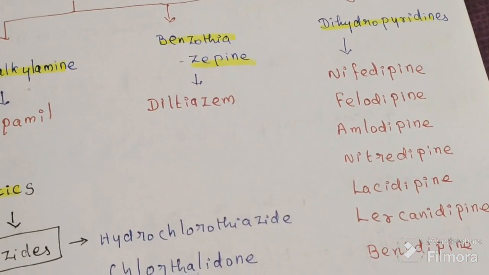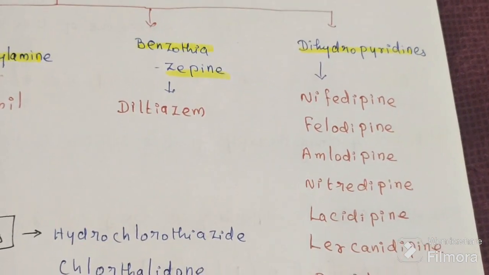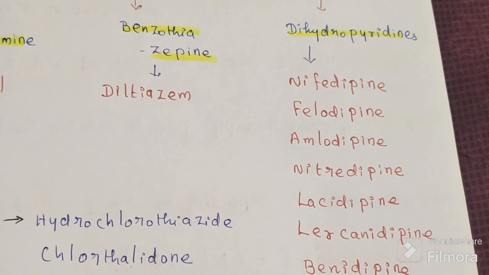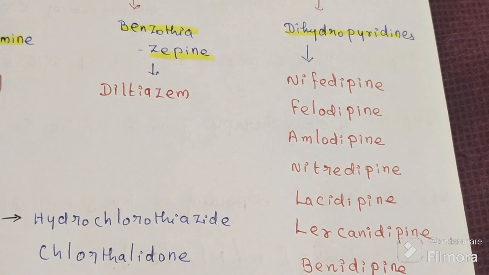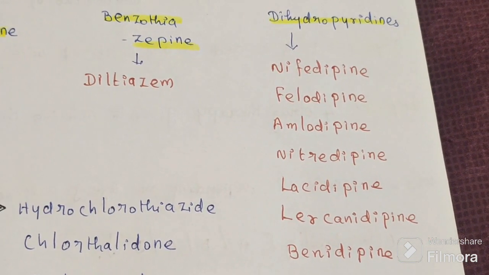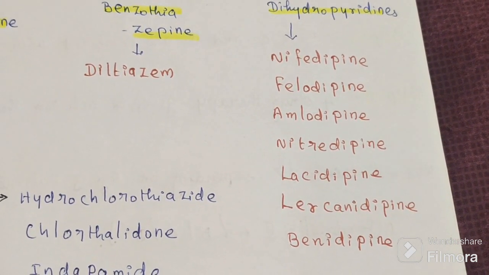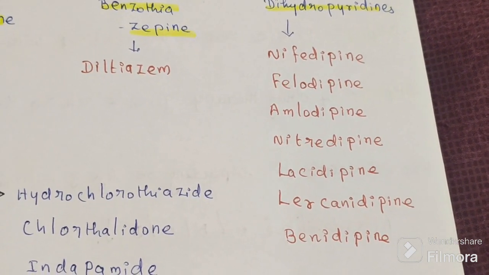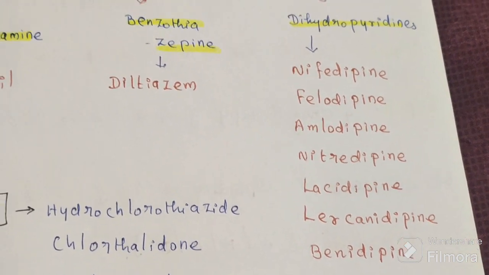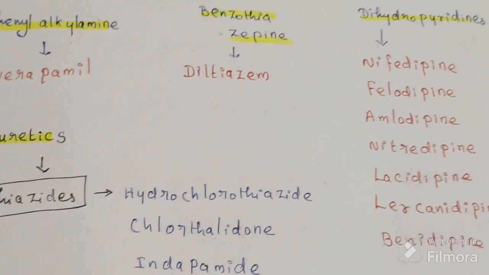The dihydropyridines end with pine: nifedipine, felodipine, amlodipine, nitrendipine, lacidipine, lercanidipine, benidipine. These are the drugs that come under dihydropyridines.